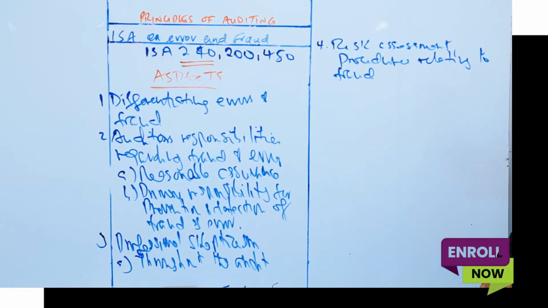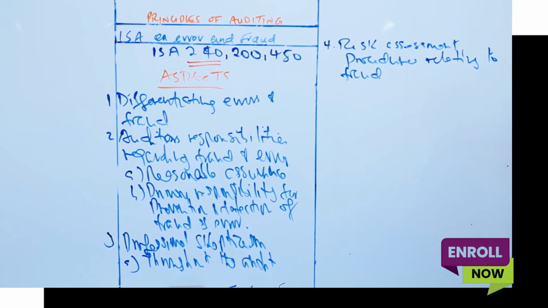Now, ISA 240 requires the engagement team to discuss the susceptibility of the entity's financial statements to material misstatements due to fraud, including how and where fraud might occur.